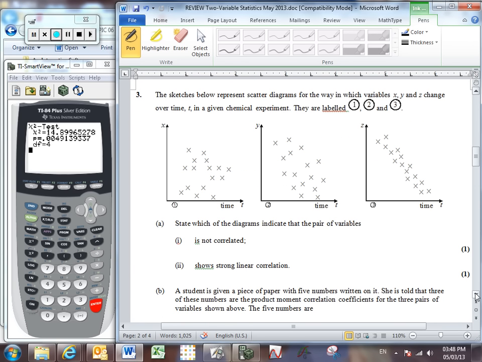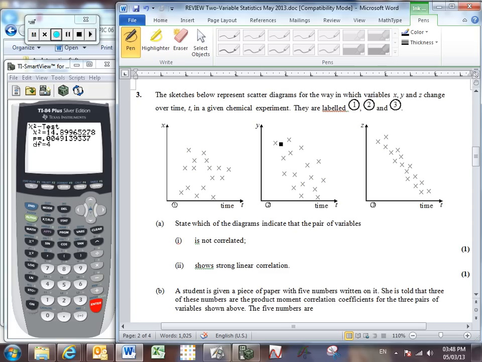The sketches below represent scatter diagrams for the way in which variables x, y, and z change over time in a given chemical experiment. They're labeled 1, 2, and 3 for our x, y, and z. Which of the diagrams indicate that the pair of variables is not correlated? Well, here we've obviously got a pretty strong negative correlation.